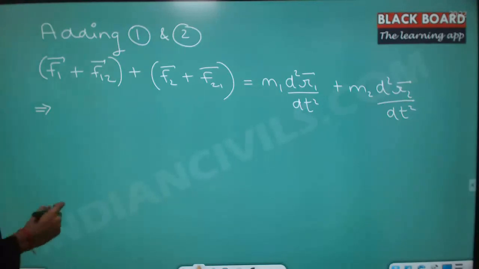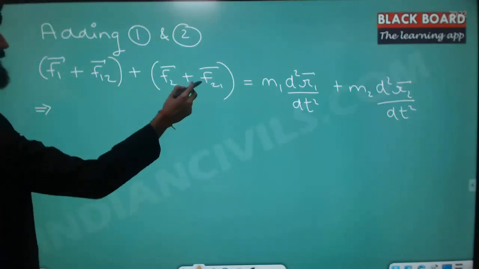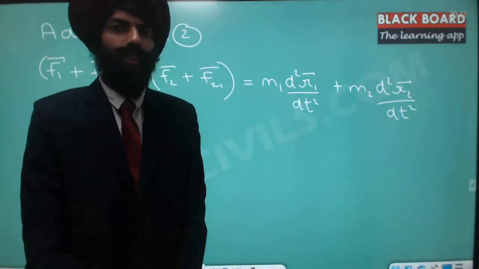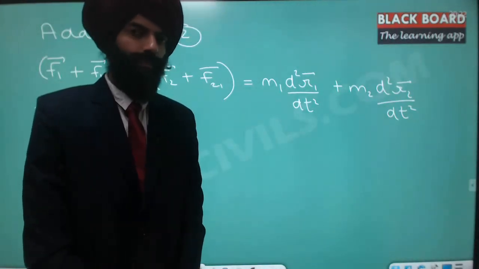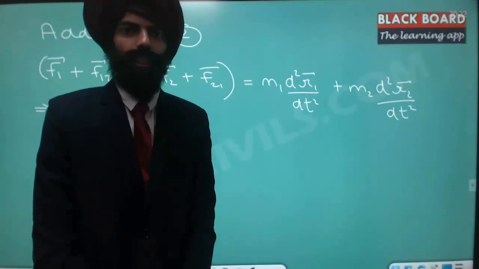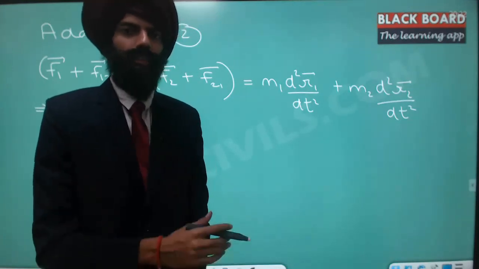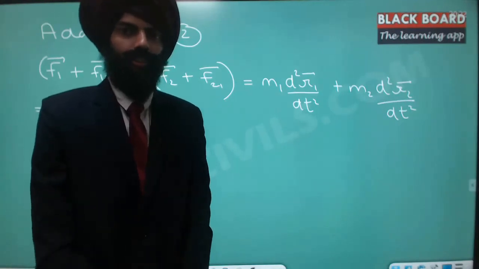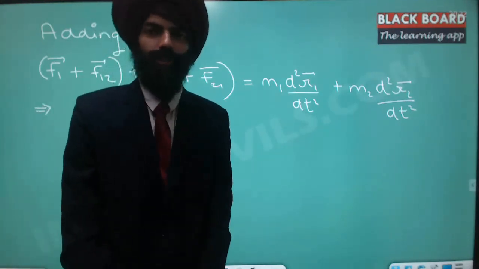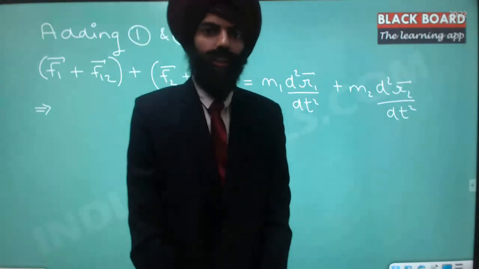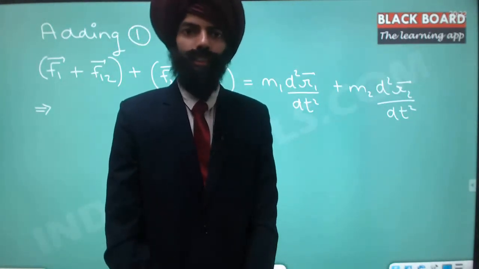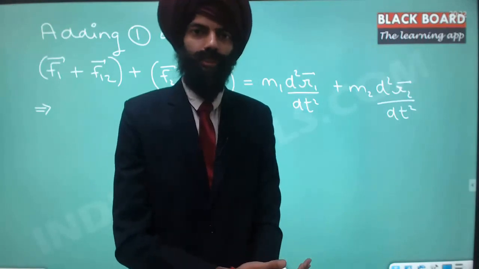Now, if you see, F12 and F21 are nothing but reactive forces, in the sense that F12 is the force exerted on particle 1 by particle 2, and F21 is the force exerted on particle 2 by particle 1. So they are action-reaction forces. Using Newton's third law of motion, which we have already discussed, we know that if there is a force acting on a particle, it exerts a similar force on the first particle.